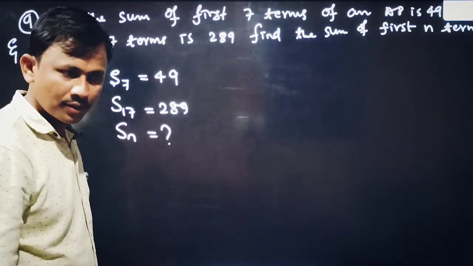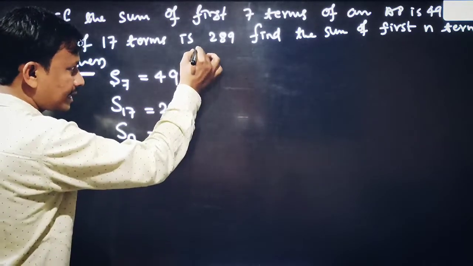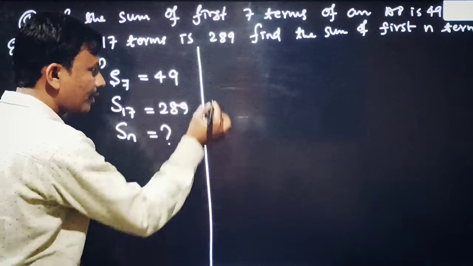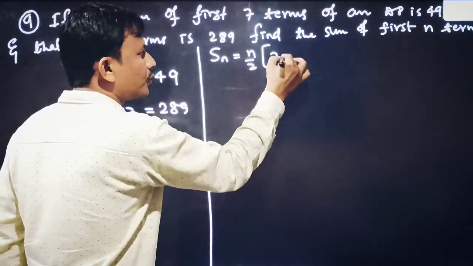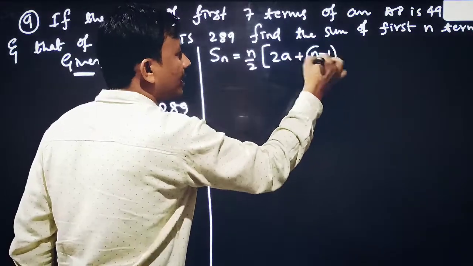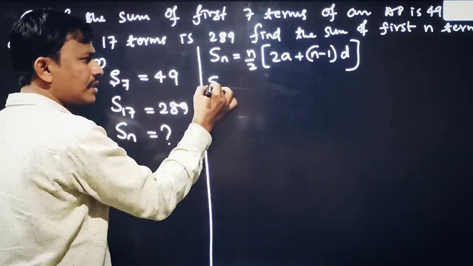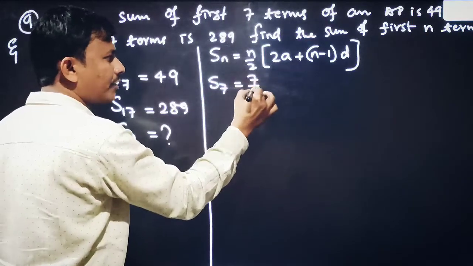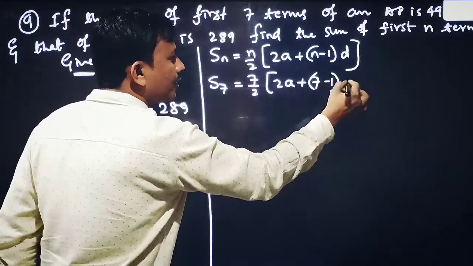Understood? We know the formula. Sn is equal to n by 2 in bracket 2a plus n minus 1 into d. Here n is 7. S7 is equal to 7 divided by 2 in bracket 2a plus 7 minus 1 into d.